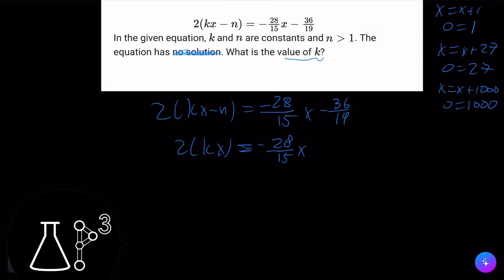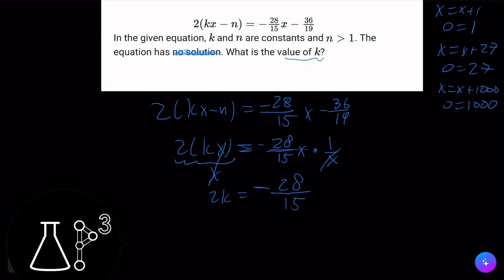So if we divide both sides by x, the x values cancel out, and I'm left with 2k on one side and negative 28 divided by 15 on the other.